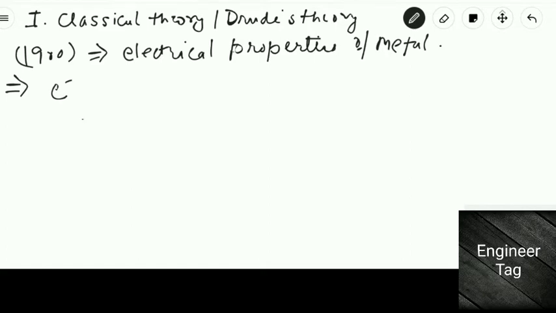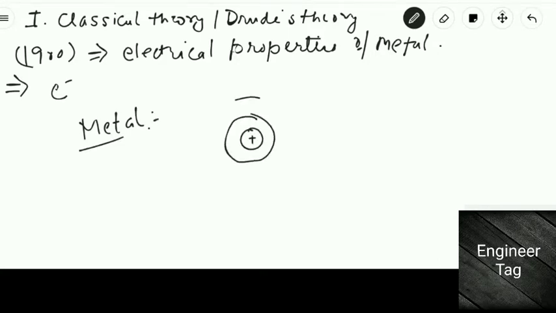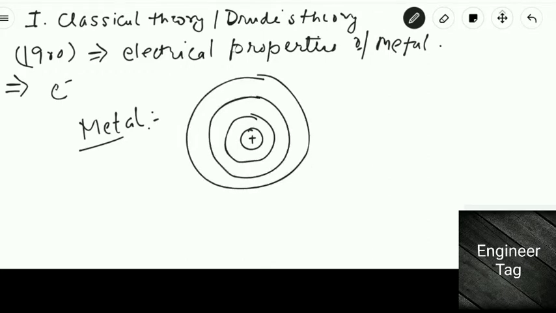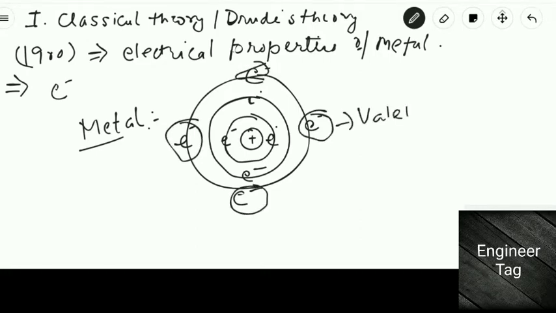in any metal that you have, we have a metal. What is there in a metal? There is a nucleus. Further, in the shells, we have electrons. The outermost electrons are your valence electrons. These are the valence electrons. So according to his theory, he considered that each metal has a large number of free electrons.